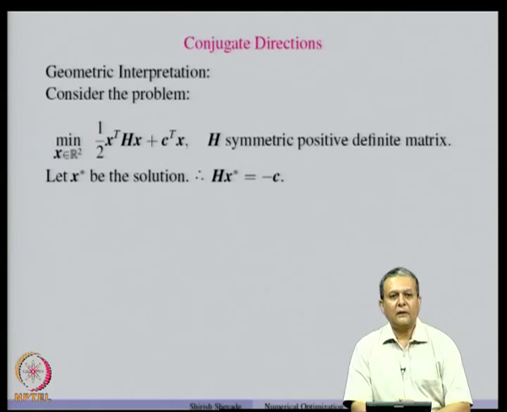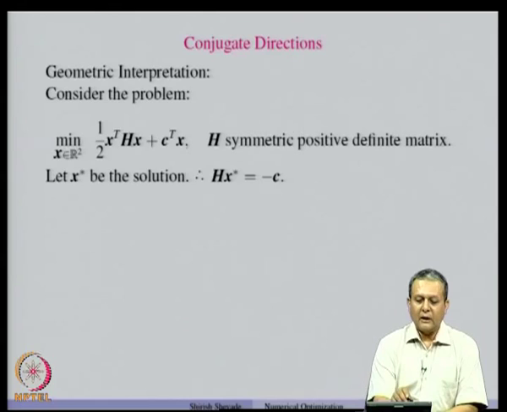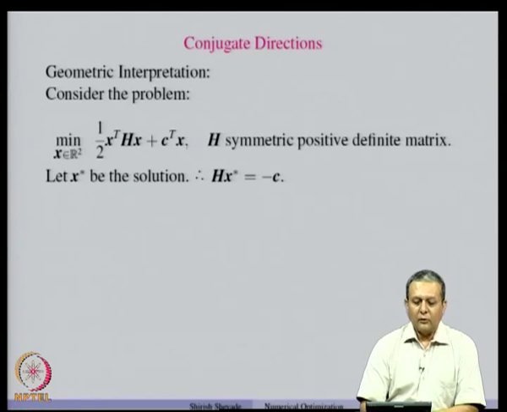So, therefore, we can say that H x star plus c is equal to 0 because we have to take a gradient of this quantity and equate it to 0. So, gradient is H x plus c, and when we equate it to 0, that is satisfied at the solution. So, H x star equal to minus c.